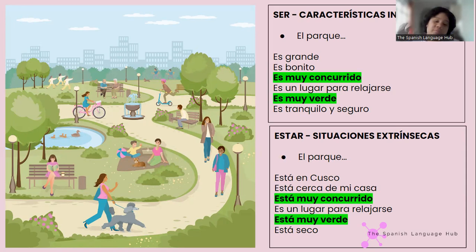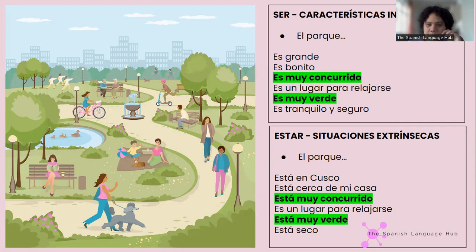Okay, because every time I go, it's very green. Or most of the time I go, it's very green, and it's muy concurrido, which means that it's very crowded. Okay, so that is something that when I think about the park, this is what I see. I see a very, very green, very full of people, right?